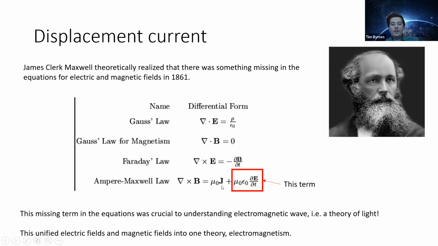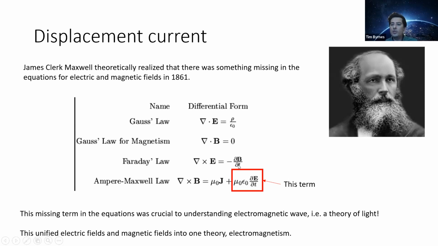Okay, and for a long time, people thought that the relationship between current, where J is the current, and magnetic field was just like this first term on the right hand side here. And this guy James Clerk Maxwell realized that actually there's something missing in these equations, and there's also the reverse effect: a changing electric field will also produce a magnetic field.